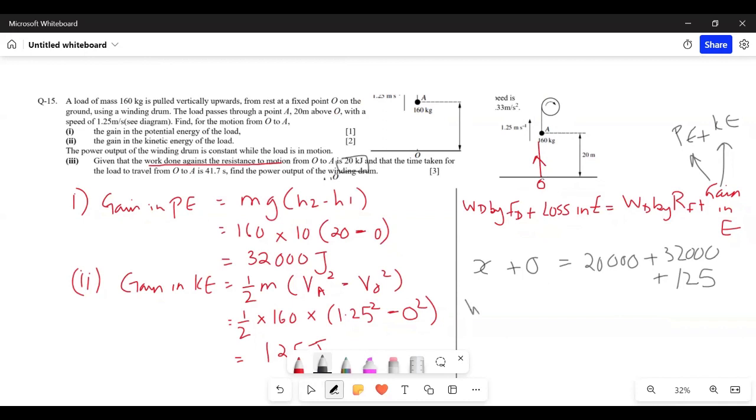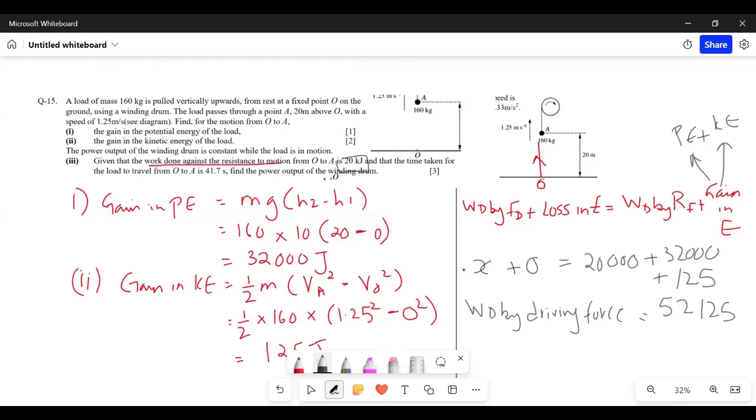This will give you work done by driving force, which is X. And it comes out to be 20,000 plus 32,000 plus 125. ये आ रहा है 52125.